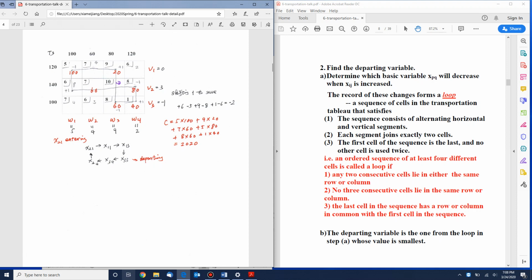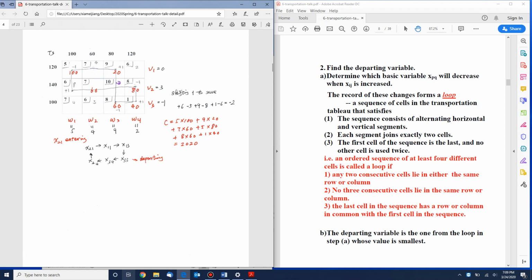Okay, just look at it, when we draw the loop, the segments alternate vertically and horizontally. So we can make this loop. All right, already written there.